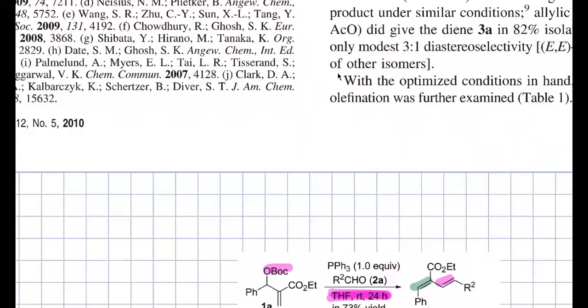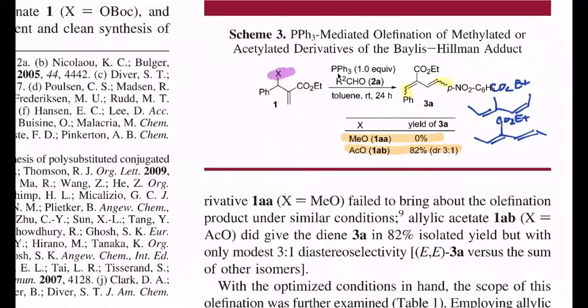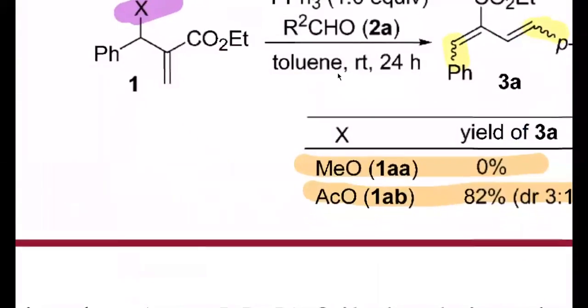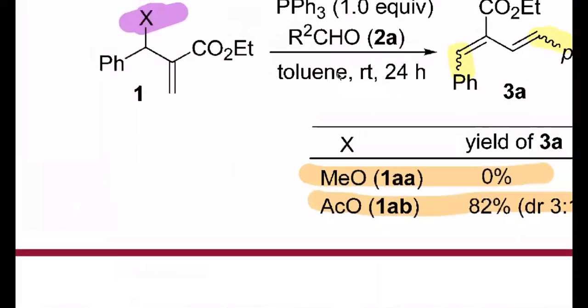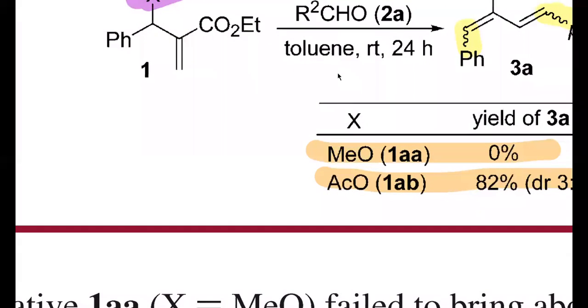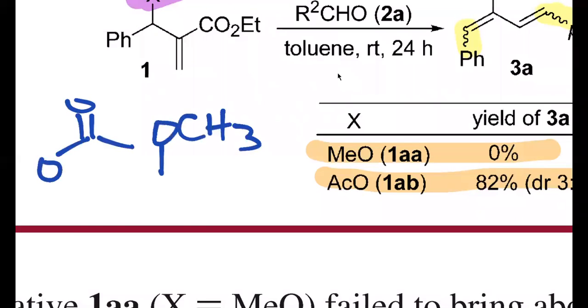What it looks like is that X needs to be electron withdrawing, because methoxy is electron rich, and the acetate is electron poor. This is OAc, and this is OMe.